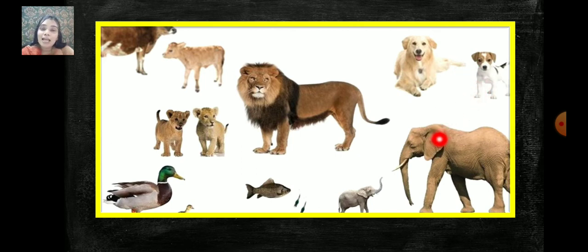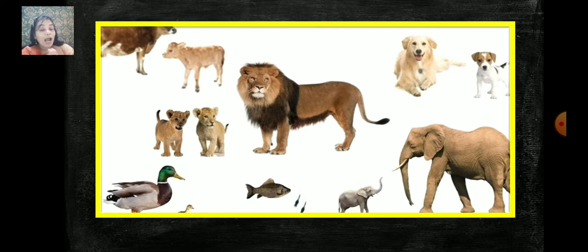The elephant's baby is looking like an elephant. The fish baby is looking like a fish. And the duck's baby is looking like a duck. So any animals, any living beings, they reproduce their same kind.